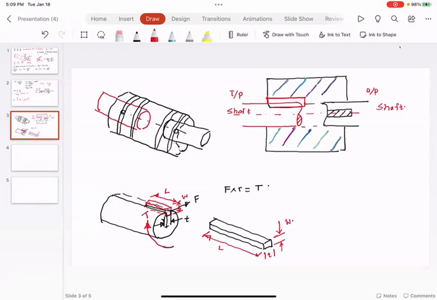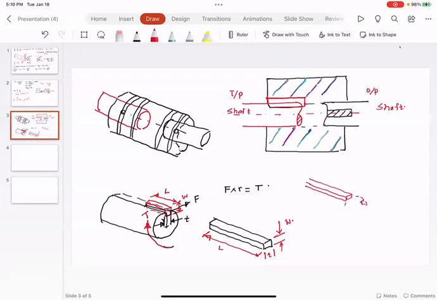In what ways could this key fail? If this key has to fail, how can it fail? This key can fail in shear. Just to give you an idea, there is a shear failure of the key, and I'm going to show you how that key shear failure would occur, which means the top of the key would stay in the coupling and the other part of the key would stay in the shaft.